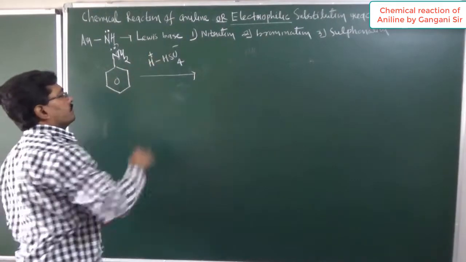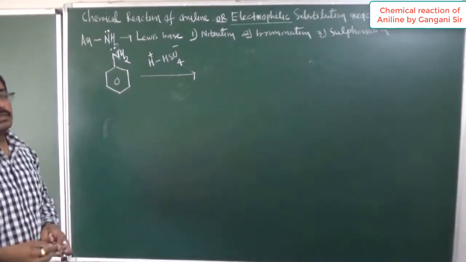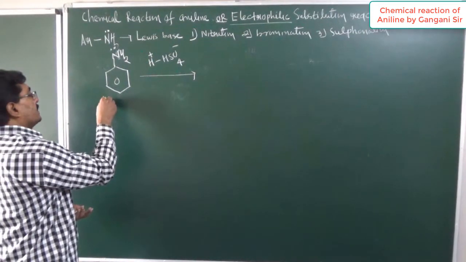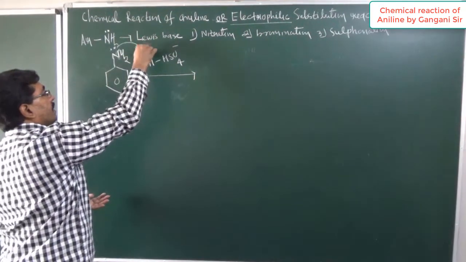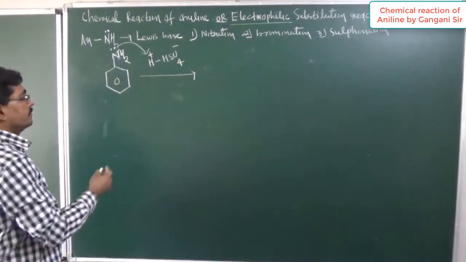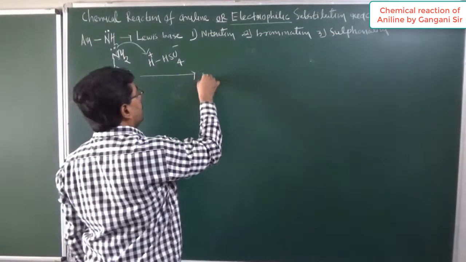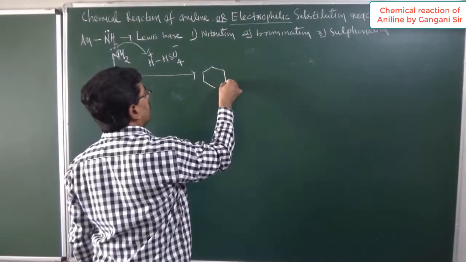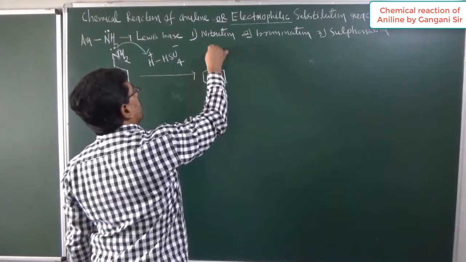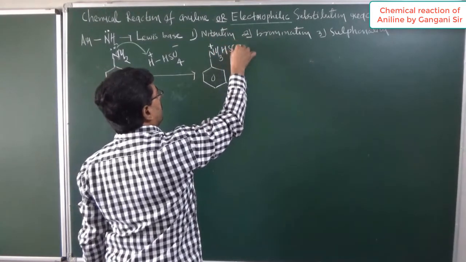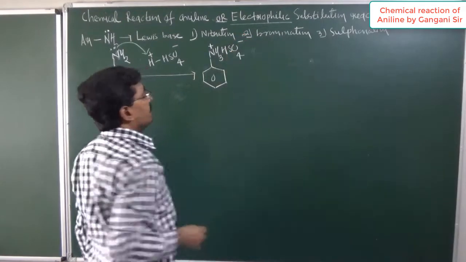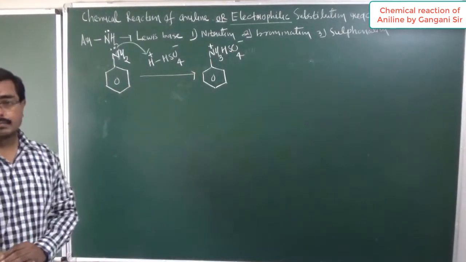So what happened? This nitrogen, or aniline, is working as a Lewis base. So nitrogen gives its electron pair to the H plus ion. So this type of intermediate product will be obtained. Here NH3 plus and HSO4 minus, an intermediate product or salt.